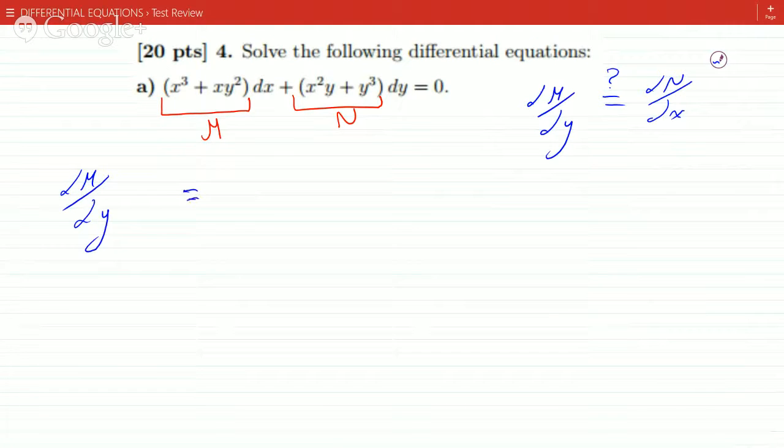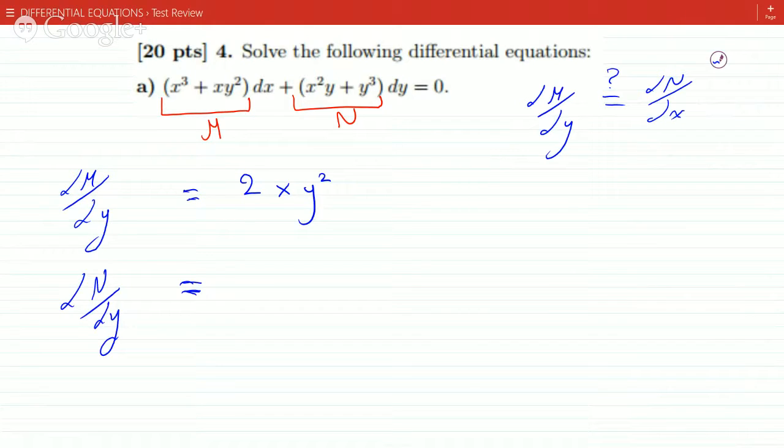So we hold x fixed, we differentiate with respect to y when we do partial with respect to y. So the first one is 0, the second one will be 2xy squared. And partial N partial x, now we hold y fixed, we differentiate with respect to x.